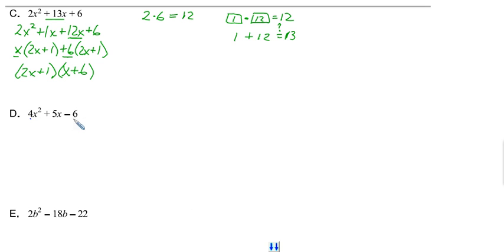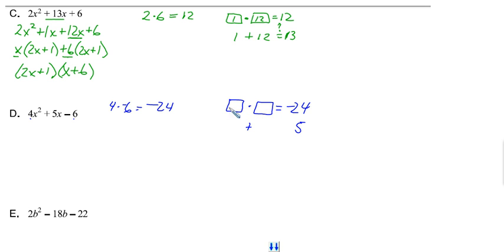4 times negative 6 is negative 24. Here, I'll write that down. 4 times negative 6. So I want to know what times what is negative 24. Well, it could be 1 and 24, but that's not going to give me 5 when I try to add it, because remember we're trying to add to get 5. 2 and 12, no. 3 and 8.